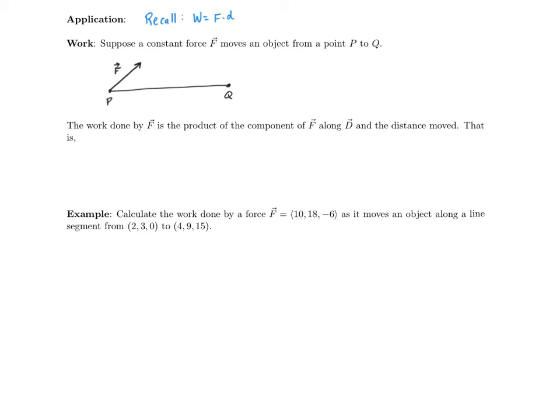It turns out that it's going to be the product of the component of F along D and the distance that we move. I'm going to introduce a bit of notation here.